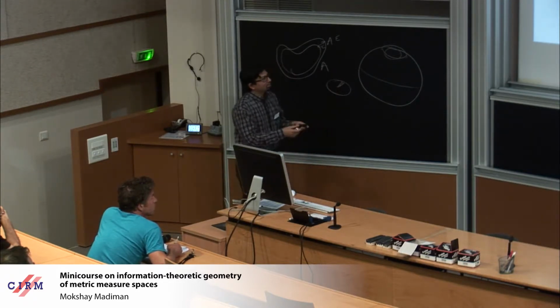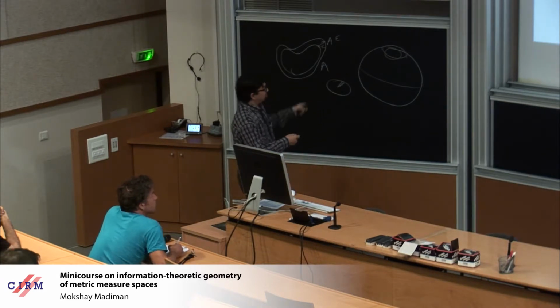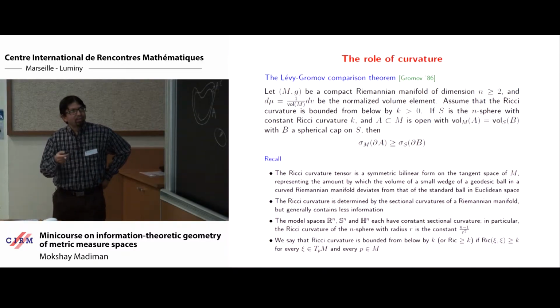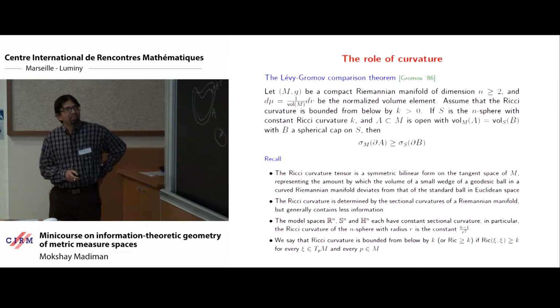And the Ricci curvature is somehow telling you how these compare. So it contains less information than the full curvature tensor. But in particular, not surprisingly, the model spaces which have constant curvature are Rn, the sphere, and hyperbolic space. So in particular, the Ricci curvature of the n sphere with radius r is this constant, n minus 1 over r squared.